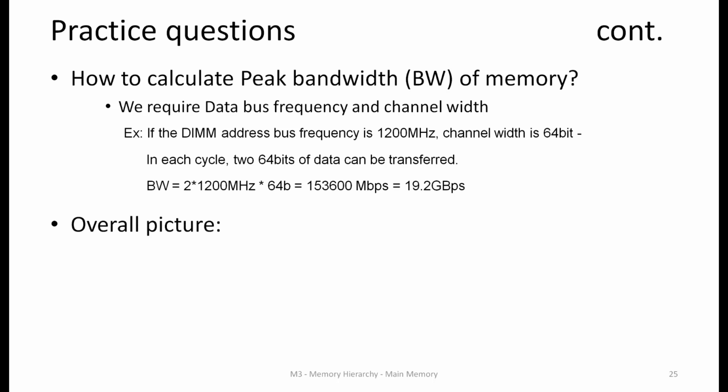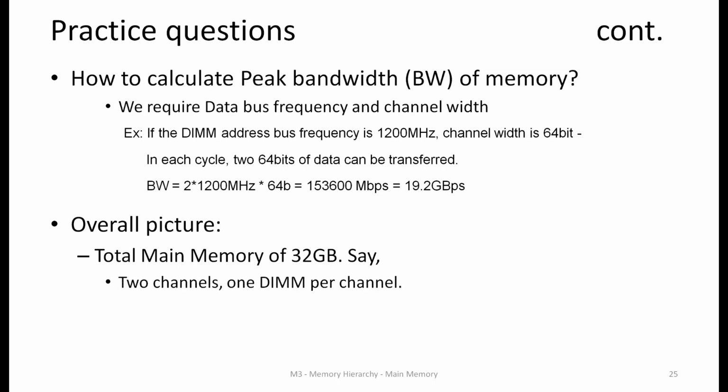A quick overall picture. If we say that the total memory size is 32 GB, it will be, for example, split into 2 channels. There can be 1 DIMM per channel, and each DIMM can be made up of 4 ranks, and each rank can be made up of 8 banks.